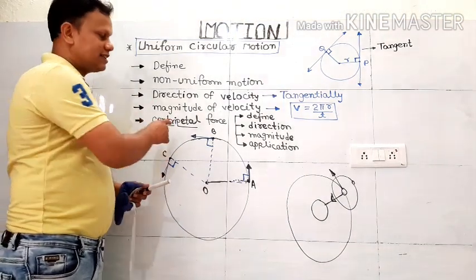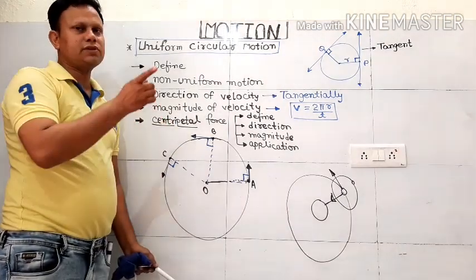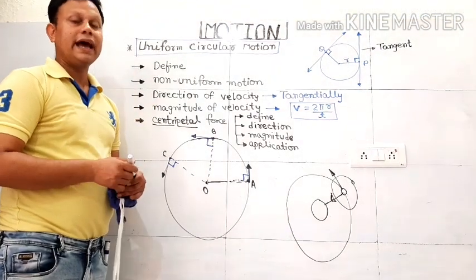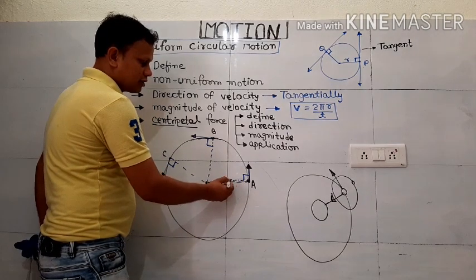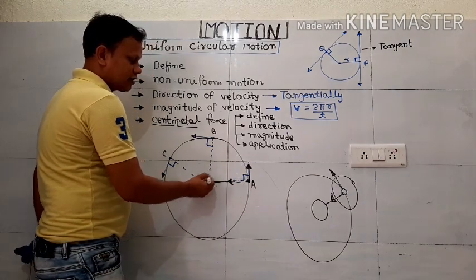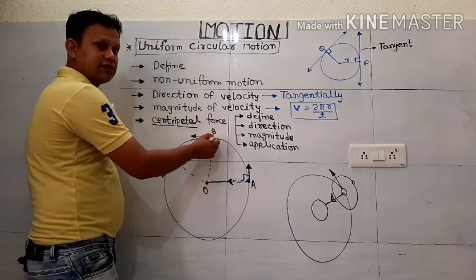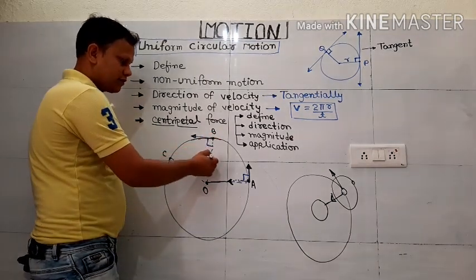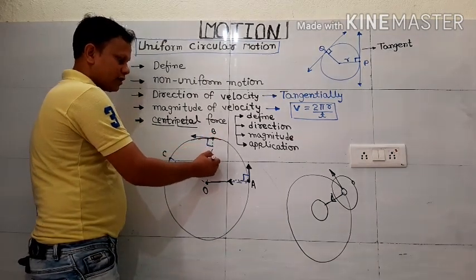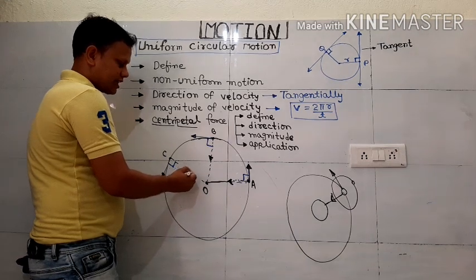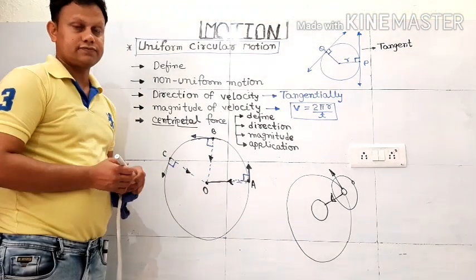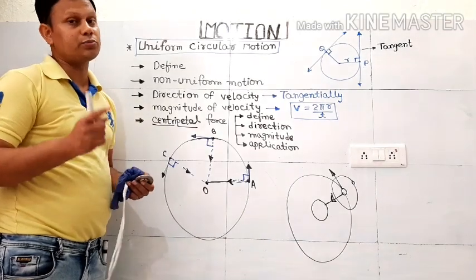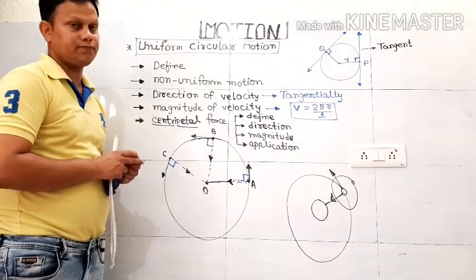Means this force obviously keeps any object on the circular path and its direction is always towards the center, anywhere, like when the body has reached here. So its tendency will be, the force will be somewhere directed towards the center. That's why it is called centripetal force. And it is very much required to keep any object on the circular path.